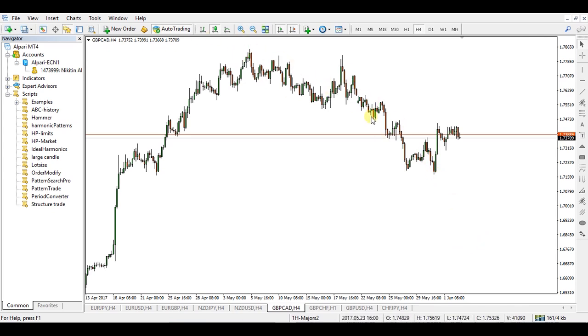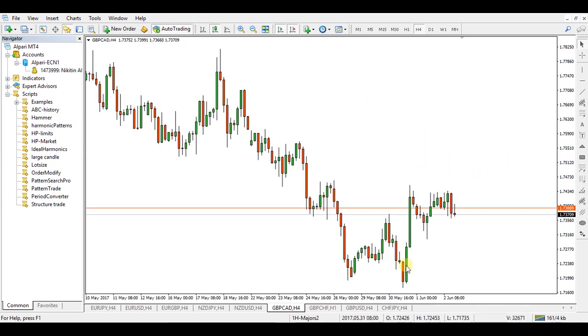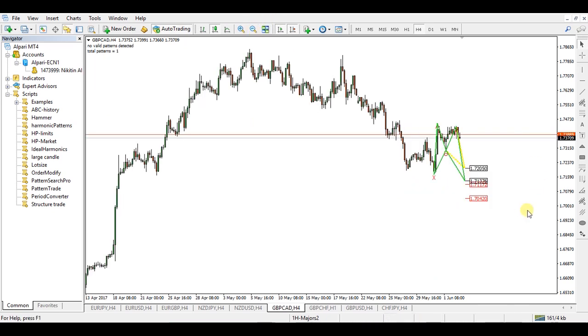Okay, pound Canadian. This movement to the downside. So I am looking for something bullish. Let me go here, X to A to B to C. If it declines, we'll have this bad pattern. Bad pattern or alternative bad pattern, whatever you prefer, whatever is in your trading plan.